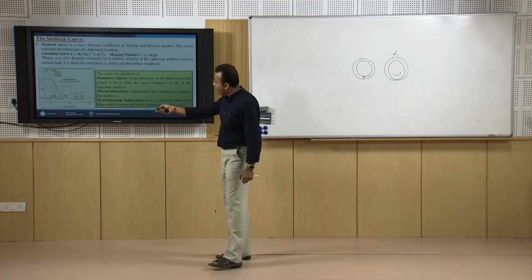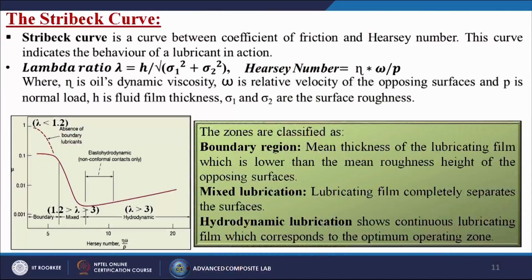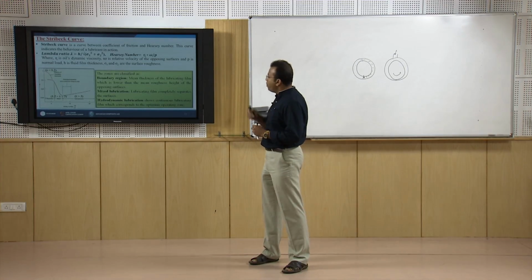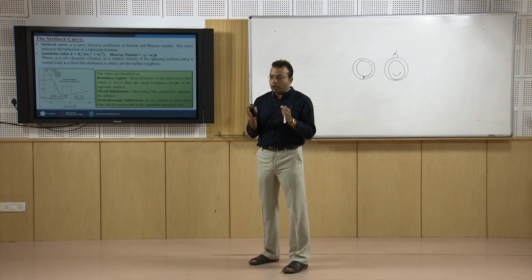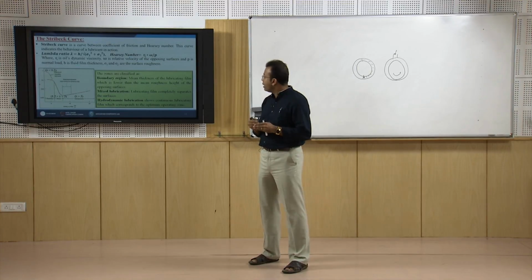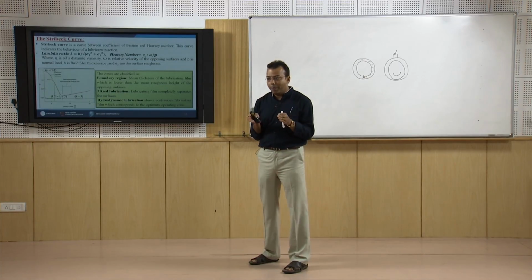From this particular graph we can understand that the y axis denotes the coefficient of friction between two mating parts and the x axis gives the Hersey number, which is nothing but eta into omega divided by P. Here eta is the oil dynamic viscosity, P is the normal load acting on that surface, and omega is the relative velocity of the opposing surfaces acting between the two mating parts.